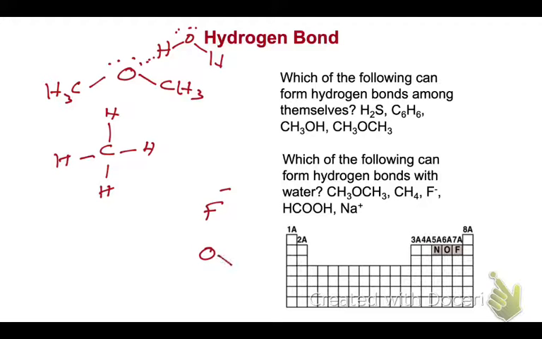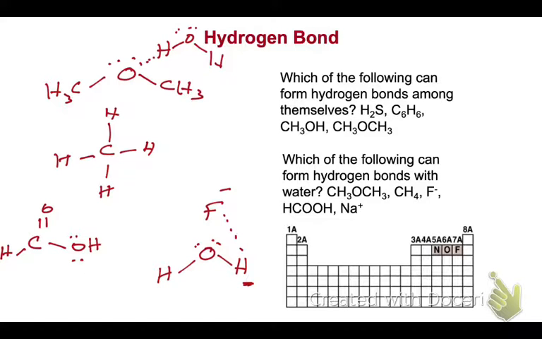If I have a water, a hydrogen bonded to one of the three atoms can hydrogen bond to fluoride. Acetic acid, so which has the following, actually this is formic acid.